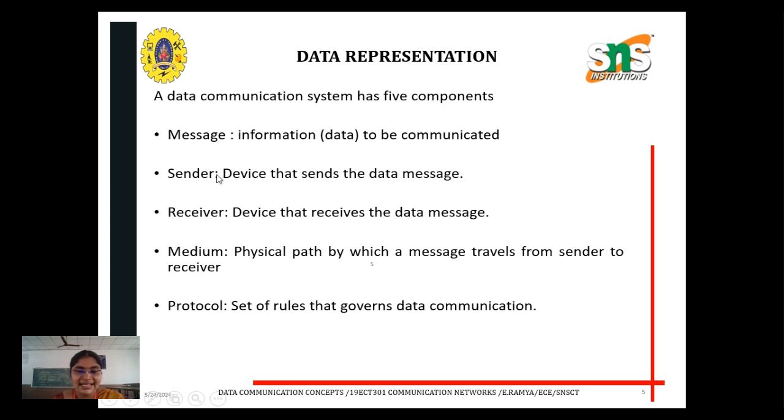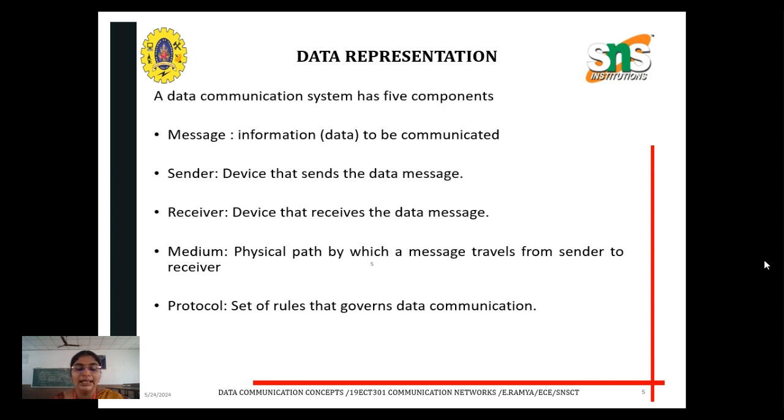Next is the sender, the device that sends the data message. It is called a sender. What is meant by receiver? It is also a device that receives the data message. It is called a receiver. Next is the medium. Medium means the physical path by which a message travels from sender to receiver.